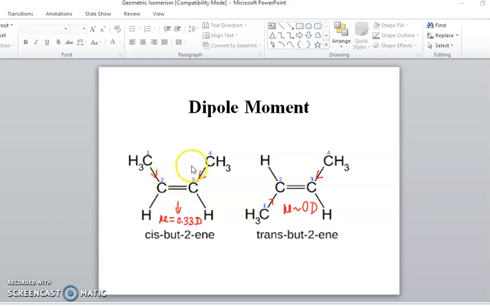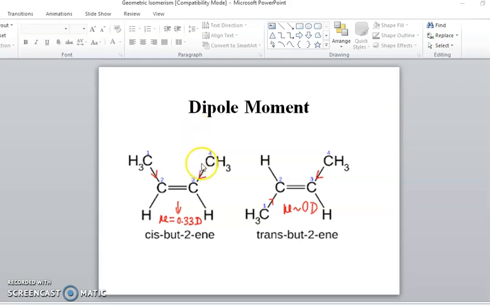This also is sp2, and this is sp3. This also is sp3. Remember, sp2 hybridized carbon is more electronegative than sp3.